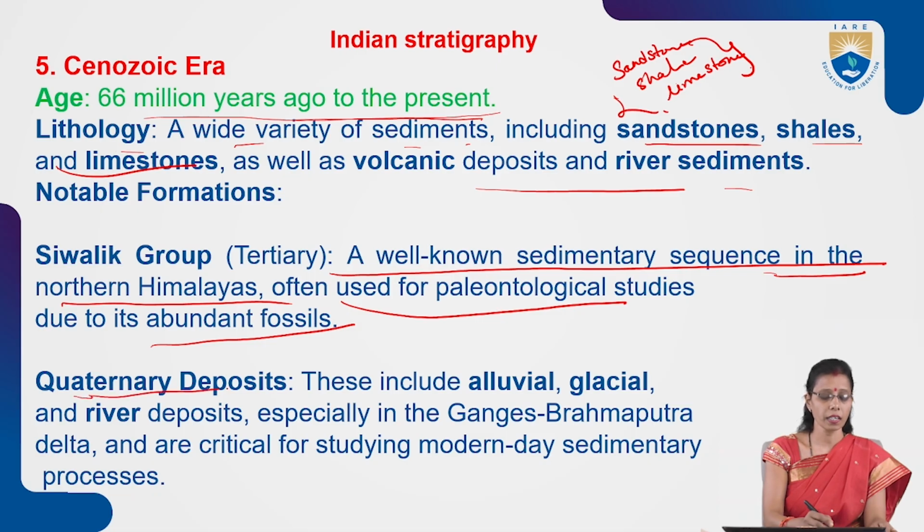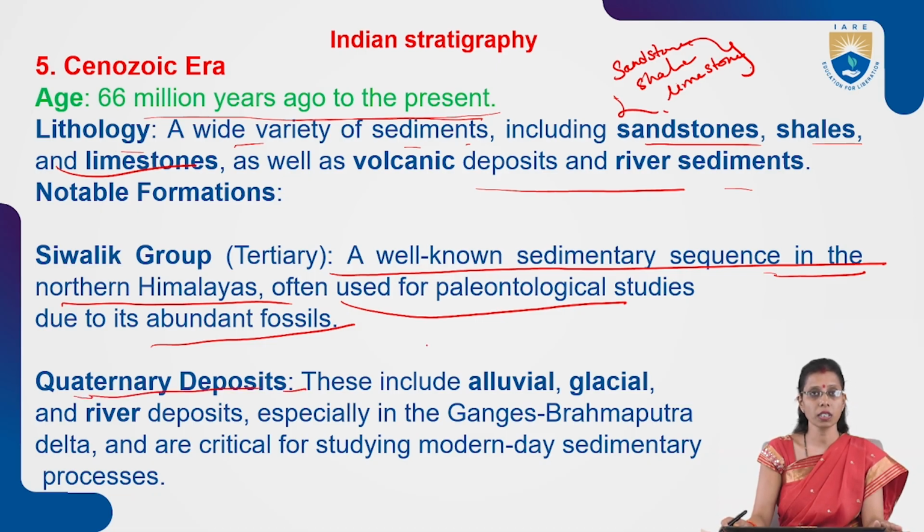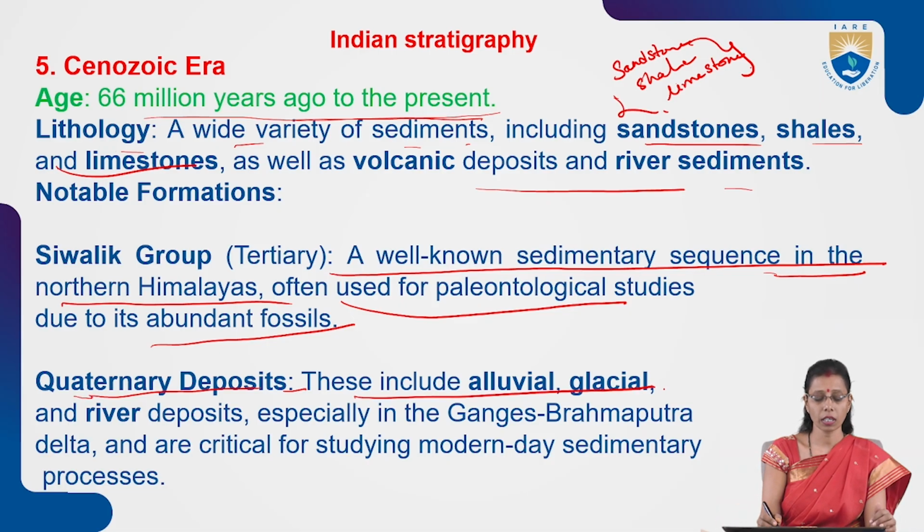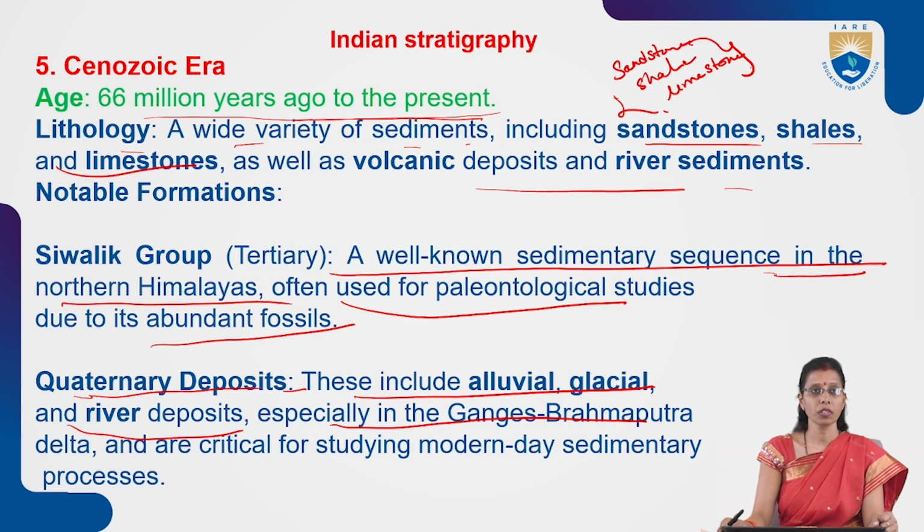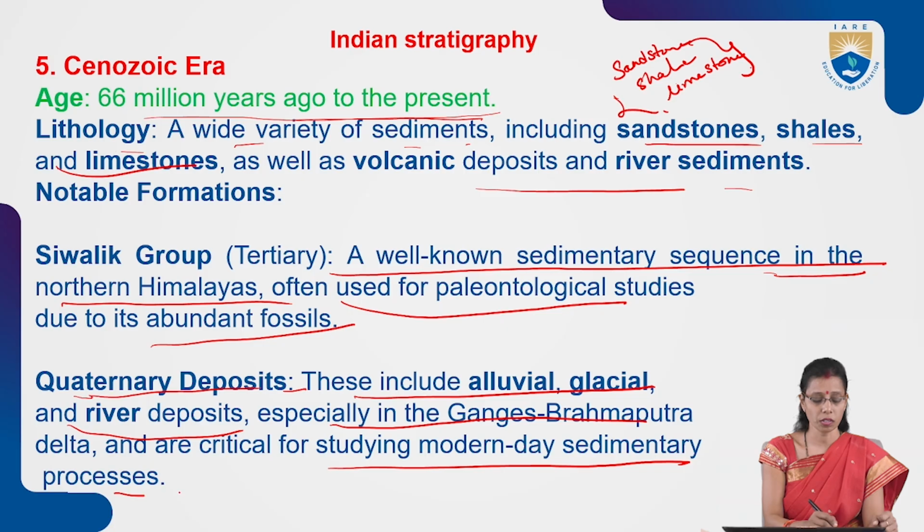Now quaternary deposits. This all comes under the Cenozoic era, and this includes alluvial, glacial, and river deposits, especially in the Ganges-Brahmaputra delta, which are critical for studying modern-day sedimentary processes.